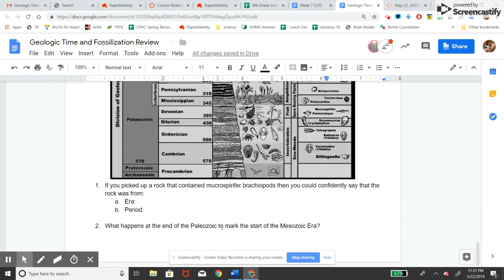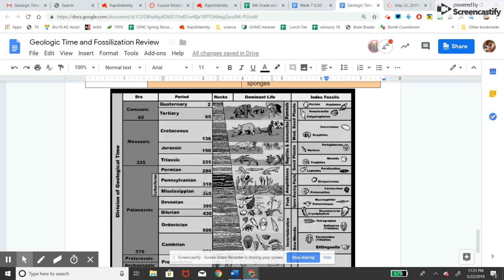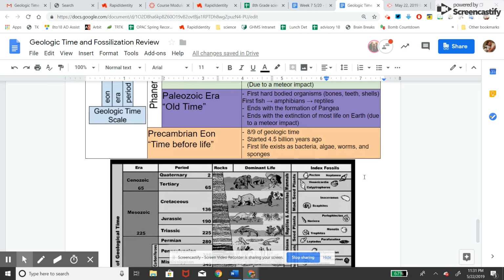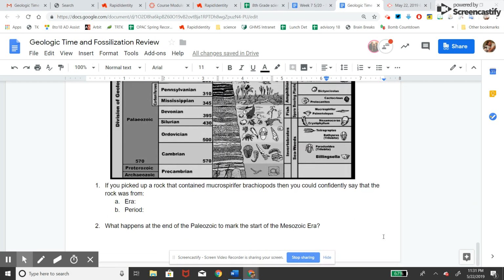Makes sense. What happens at the end of the Paleozoic era to start the Mesozoic era? At the end of the Paleozoic, before the Mesozoic, all of these things are gone. Everything dies out, pretty much. There's an extinction of most life, and then we get on to the Mesozoic. That's the end of this little talk here.